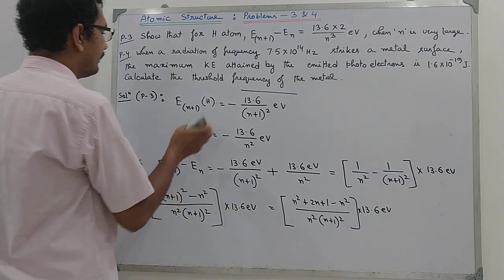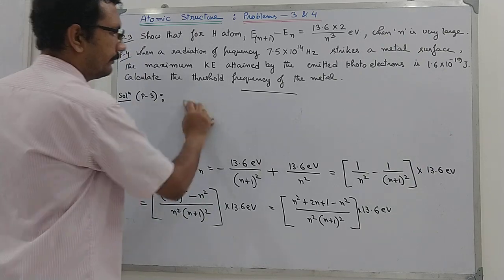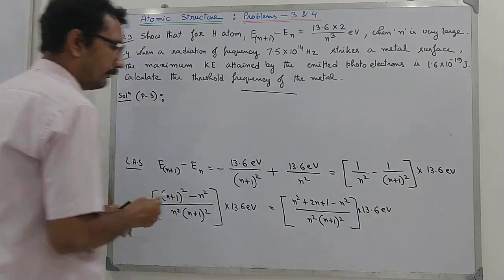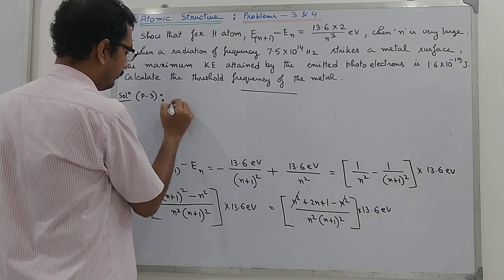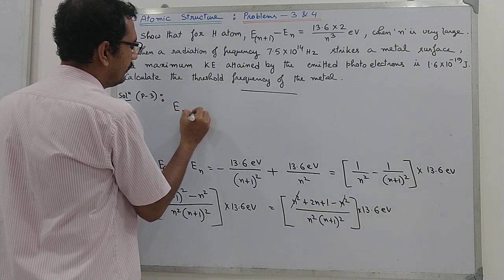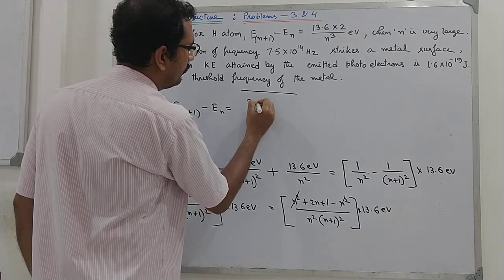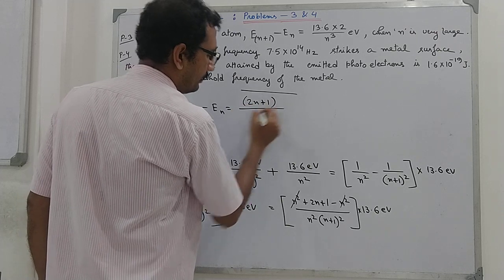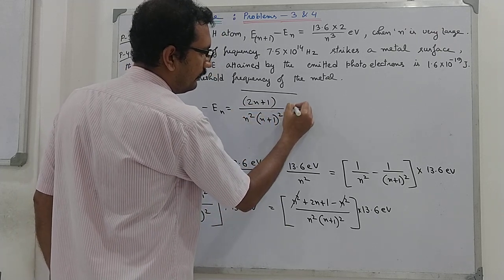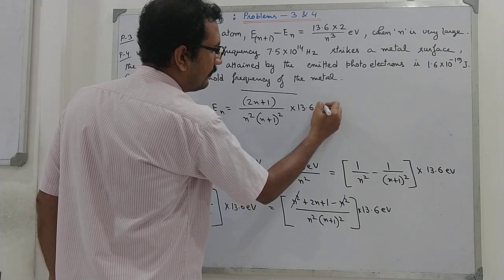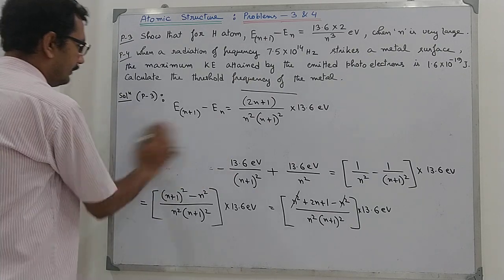So n square will cancel. So it will be En plus 1 minus En equals to 2n plus 1 by n square into n plus 1 whole square into 13.6 electron volt. This you will get.